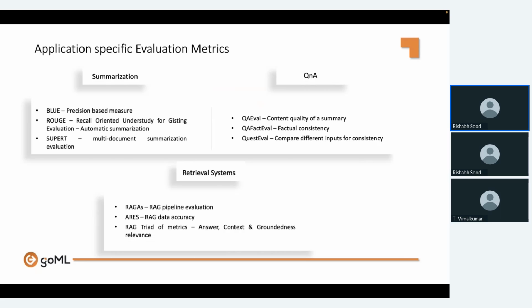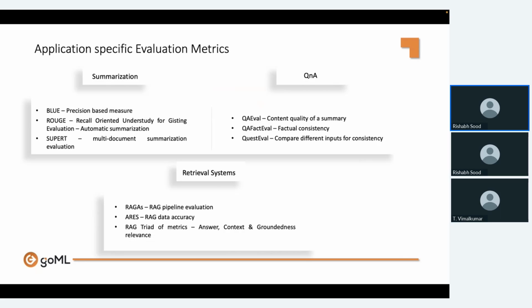Similarly, we've got SUPERT, which is mainly used for multi-document summarization evaluation, because we do a lot of use cases where we have multiple documents with our clients that contain a lot of relevant data, facts, etc. And when we generate a summary, a metric or benchmark like SUPERT really helps us in evaluating the performance, right?